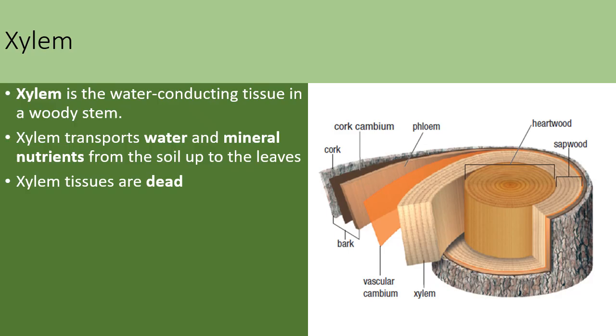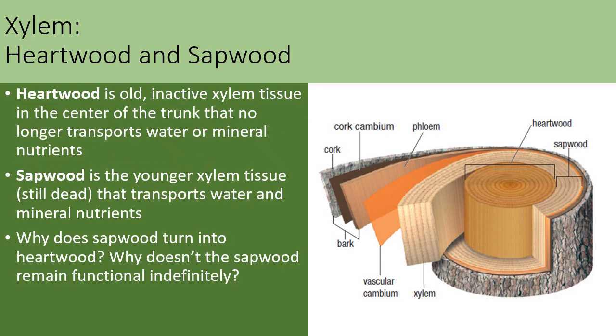The xylem tissues are not living. They're cells which, once they develop, the plant actually kills off and reabsorbs all their contents, leaving basically empty tubes. And these empty tube-like cells are really effective at transporting water up the roots, stems, and into the leaves of a tree.